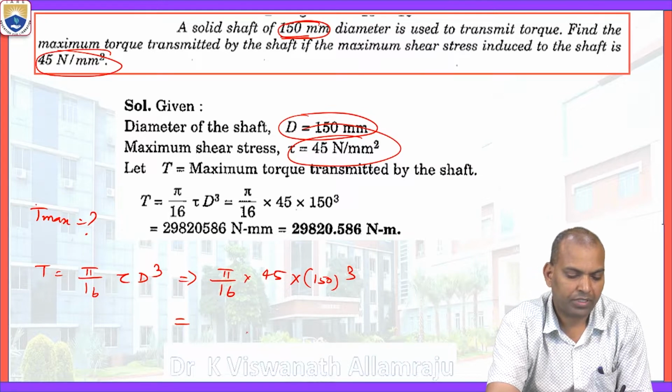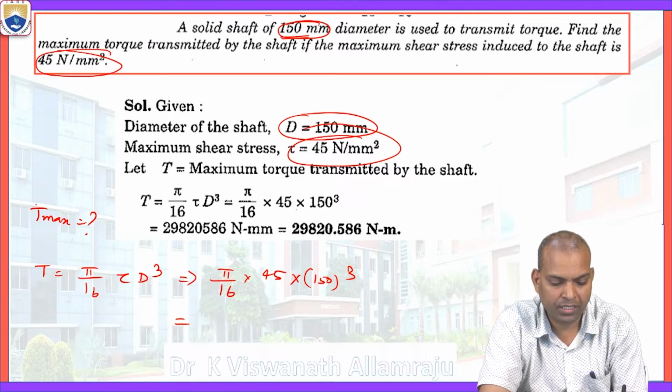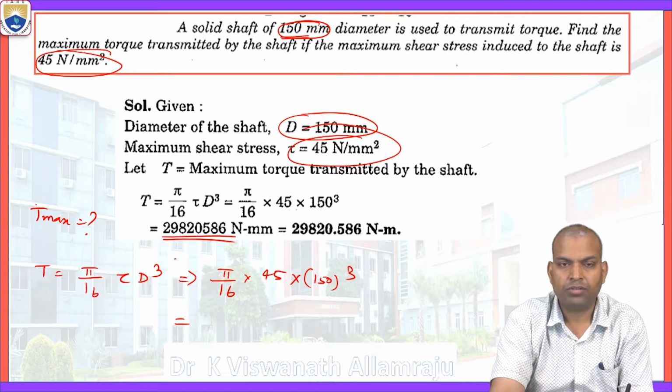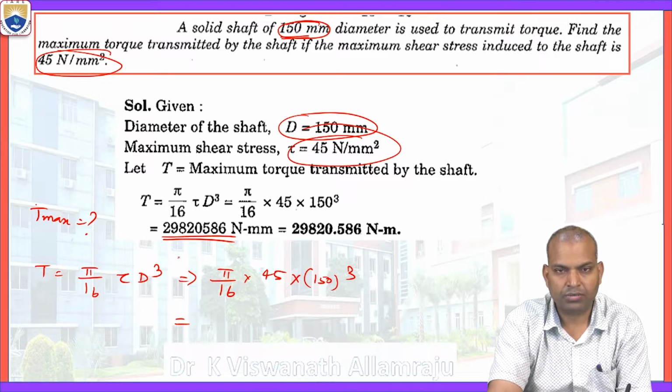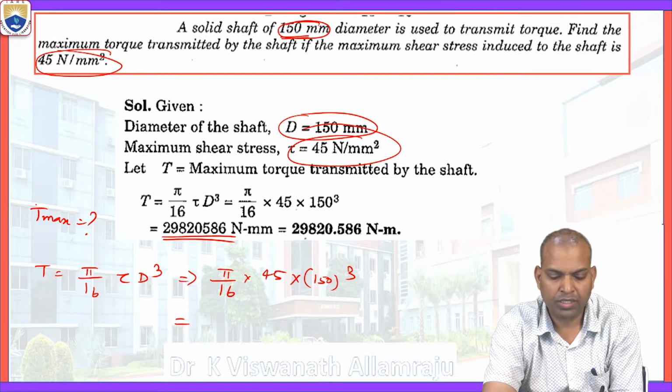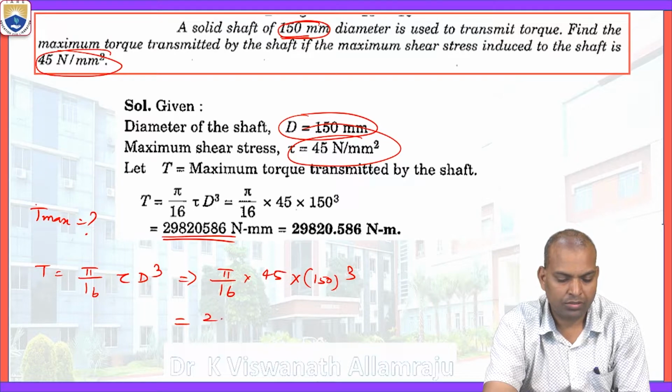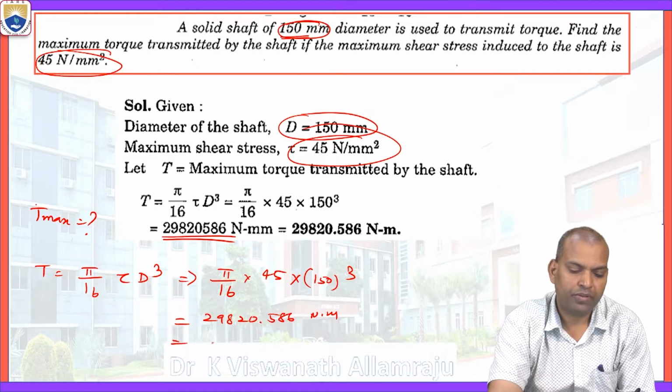Now, after calculating, the value obtained is 29820,586 Newton millimeters. If we convert it to Newton meter, then it becomes 2980.586 Newton meters.